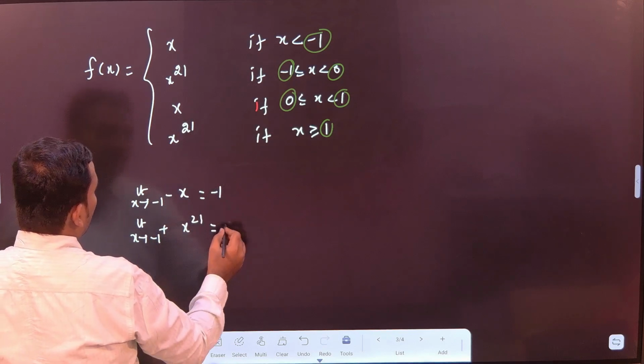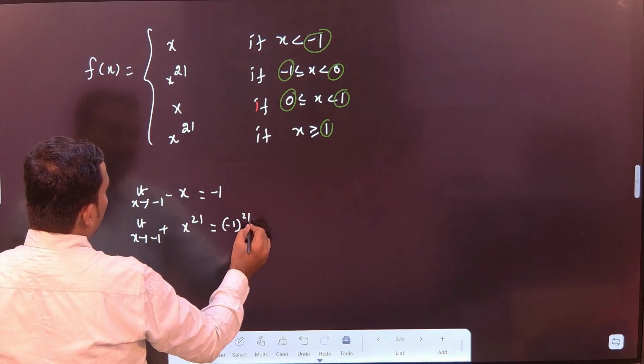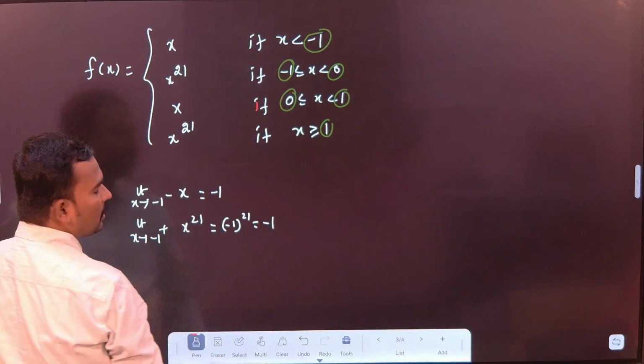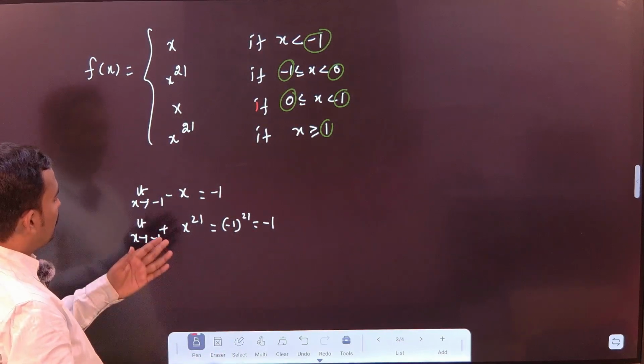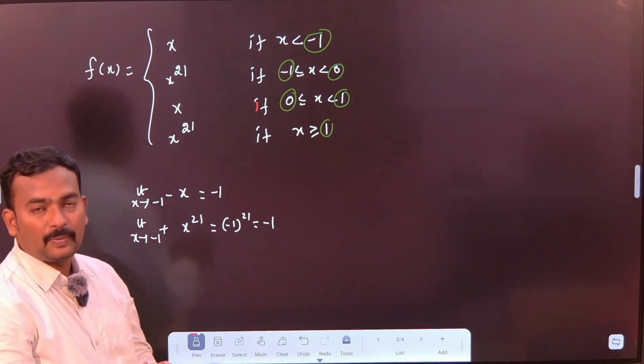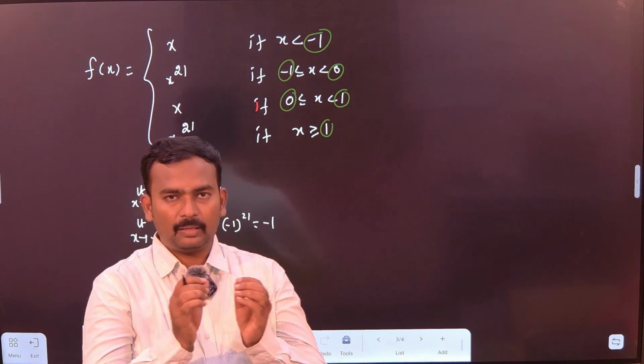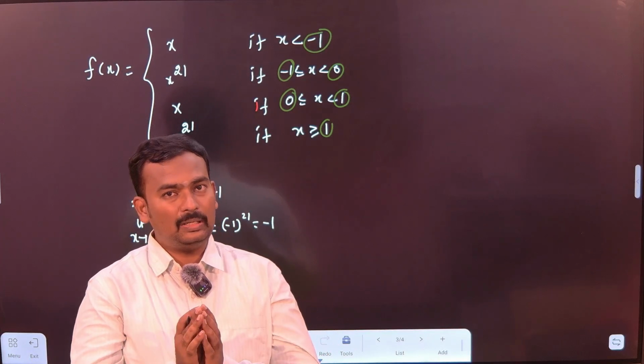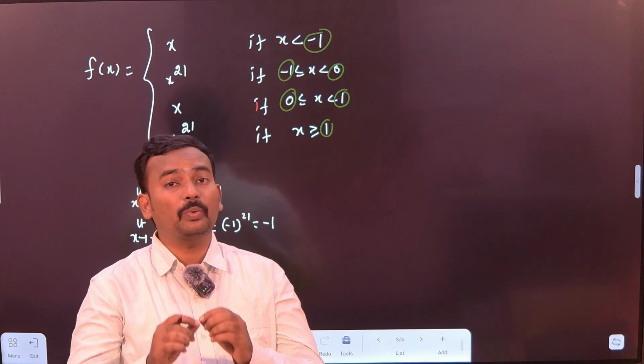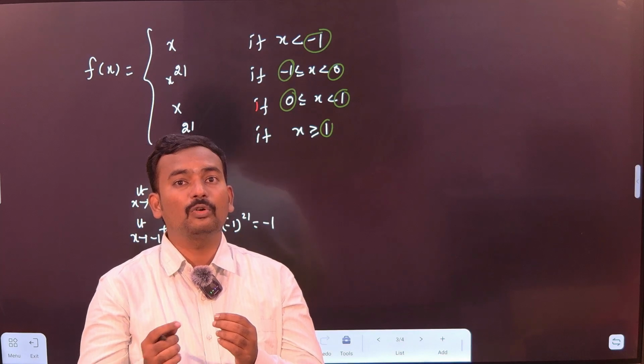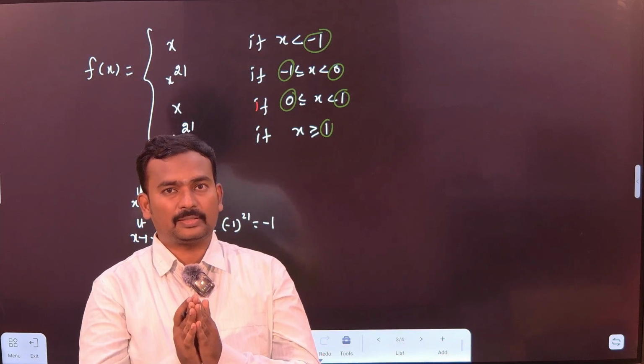If I put minus 1 to the power 21, again it's an odd power, it's minus 1. Okay, so it's continuous. What is the continuity definition? The limits should be equal, and equal to the value of the function at the point you are checking, right?